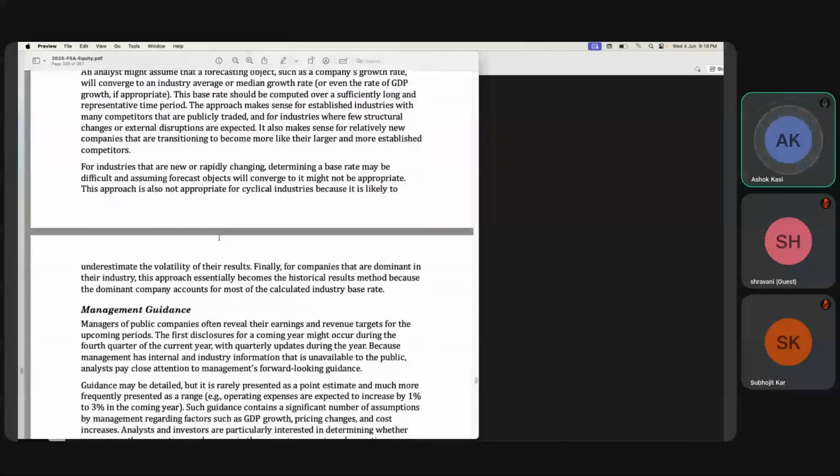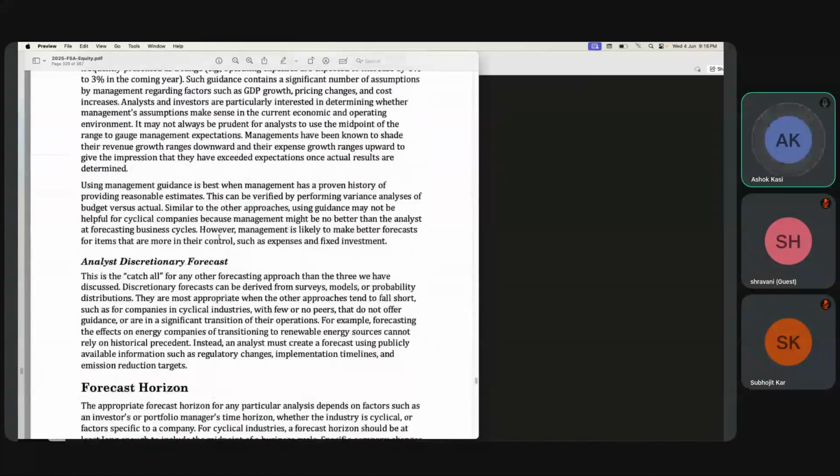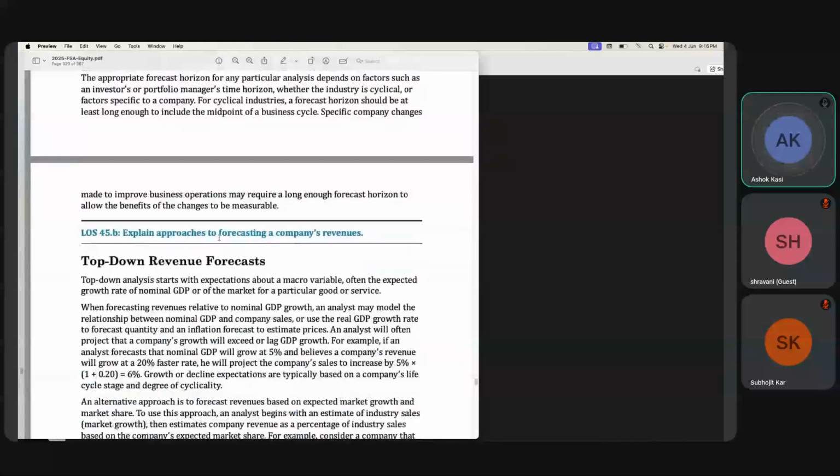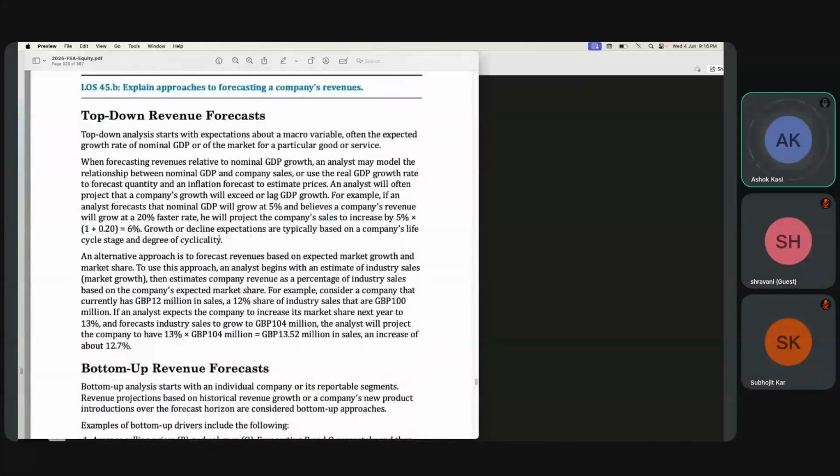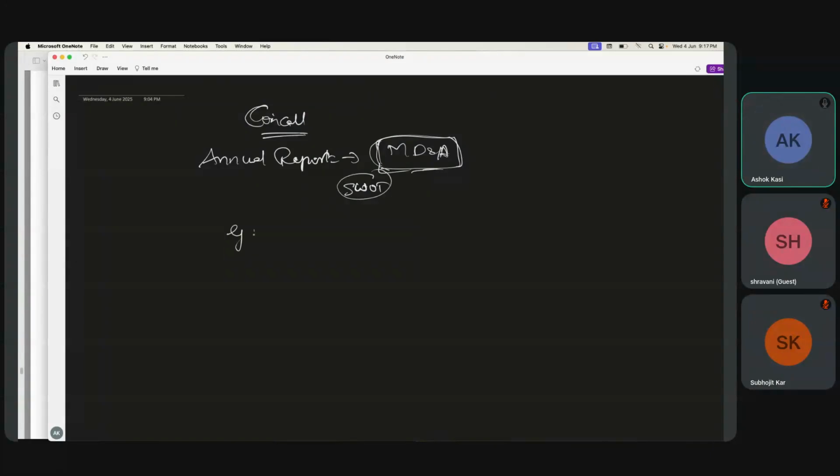That way, you can also have your forecast. Then, these are all very common points only. Top down revenue forecast. So top down means what? Top down is where you will see the macro variables. What do you mean by macro variables? For example, at what rate GDP is expected to grow. Let's say 7%.